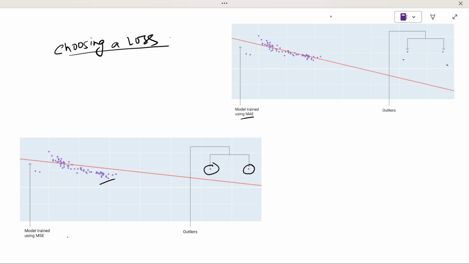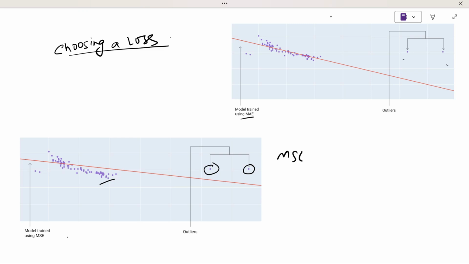Now in choosing the best loss function, we want to consider how the model should treat the outliers. For instance, MSE actually moves the model more towards the outliers while MAE does not. Now L2 loss actually incurs a much higher penalty for an outlier than L1 loss. For example, in these images, you can see that the outliers are closer to the model trained with MSE than to the model trained with MAE. Therefore, you can say that a model trained with MSE moves the model closer to the outliers, and the model trained with MAE is farther away from the outliers.